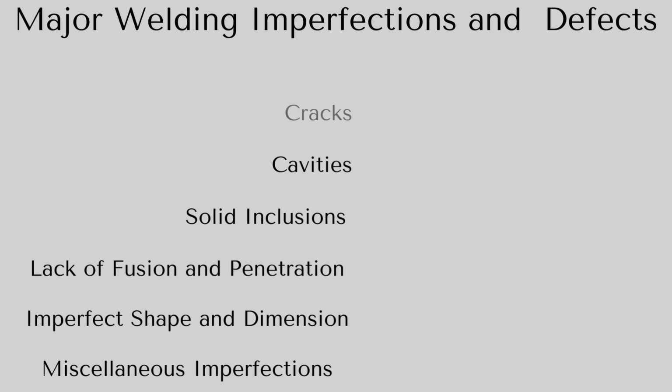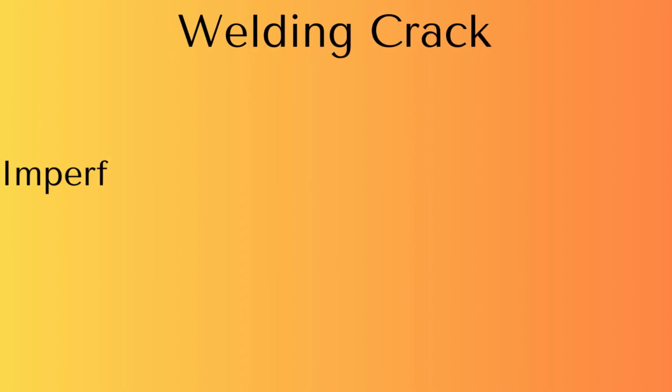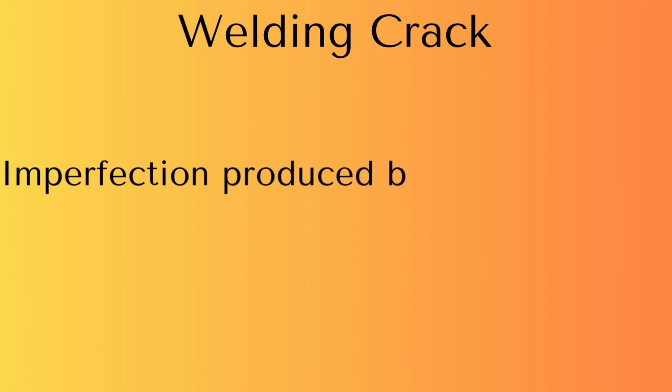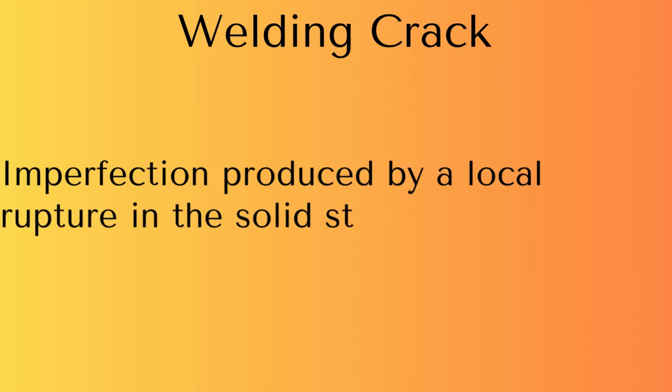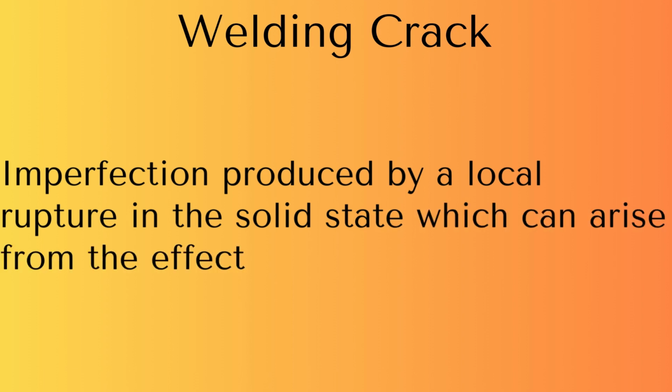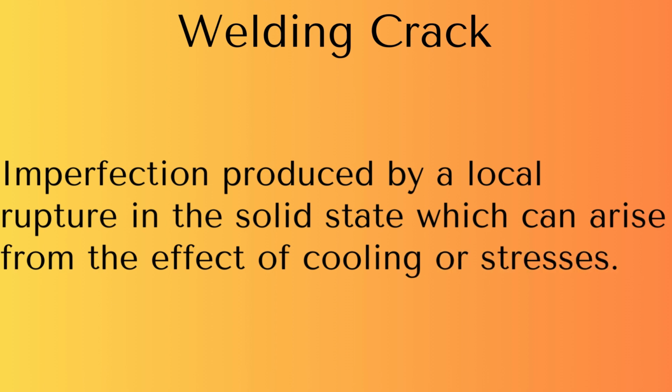In this video, we will try to cover one of the very severe and important types of imperfection, which is called crack. So what is crack? It is the imperfection which is produced by a local rupture in the solid state, which can arise from the effect of cooling or stresses. As you know, during the welding operation, a lot of hot work and cooling takes place.